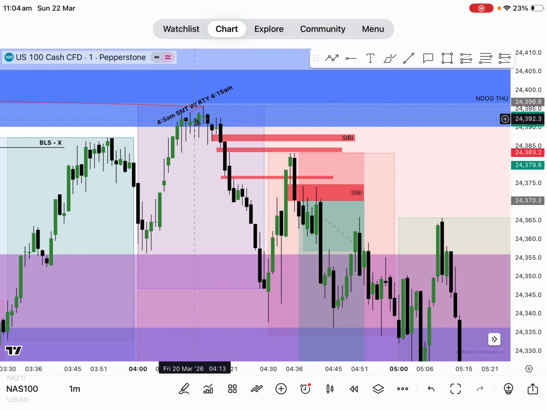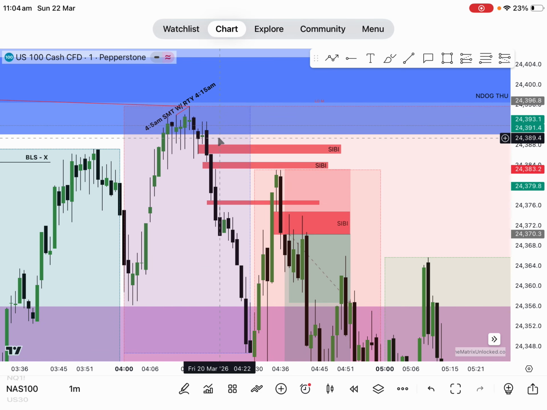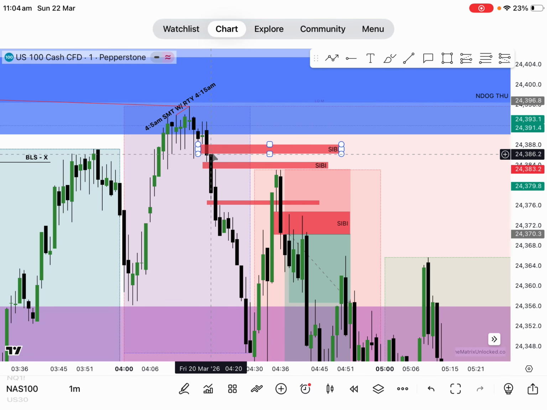So look, see how I told you got to be a little dynamic. When this SMT occurred, that was the first presented fair value gap. It didn't get filled through. Second one didn't get filled through. Third one, it filled, but your stop loss would have been right here.